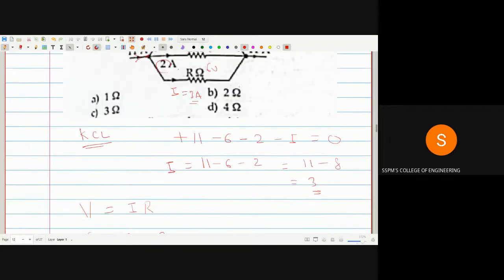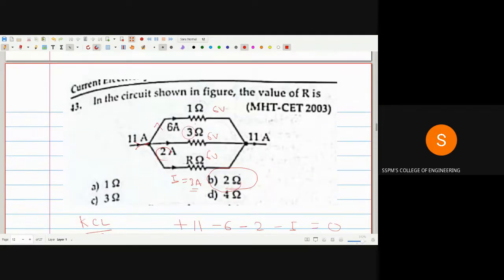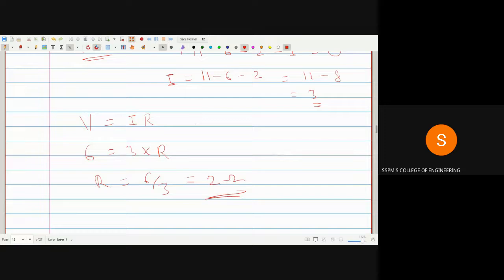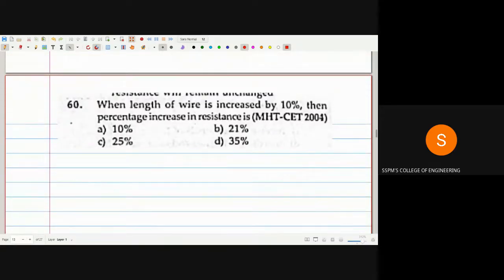So option B is the correct option. Examples like this are very simple, so don't miss marks here; solve the examples that come on this. This example is very interesting and also very easy to solve.